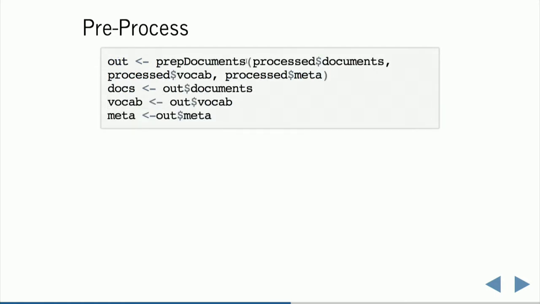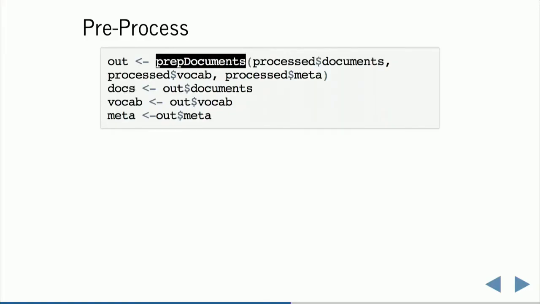Next, we're going to use a function called prep documents, which does most or all of the previous text preprocessing steps, like stemming, removing white spaces, and removing numbers and punctuation.